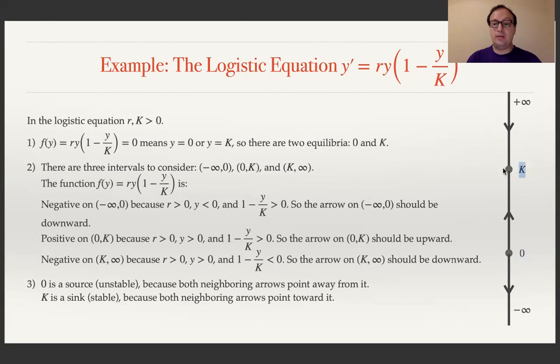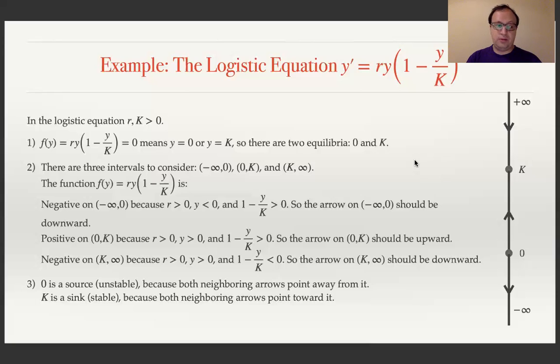Whereas k is a stable equilibrium. This means that if we start with a population that's not quite equal to k, but maybe very slightly different from k, then the population is going to go back to the equilibrium k.